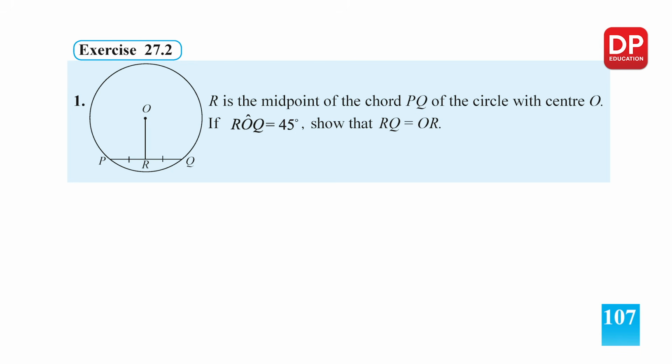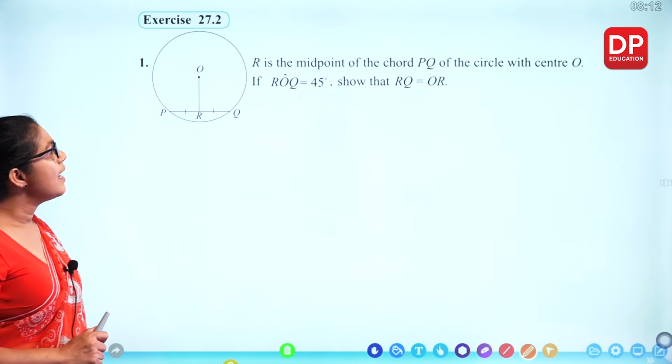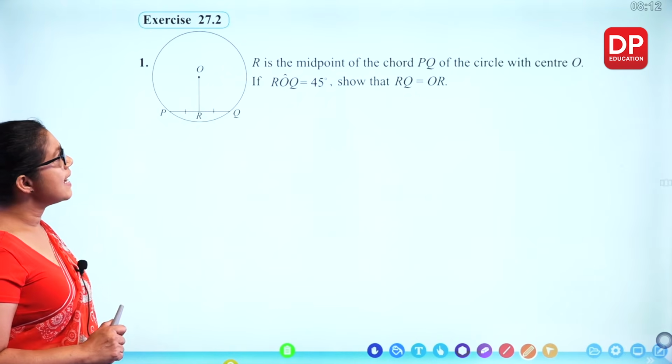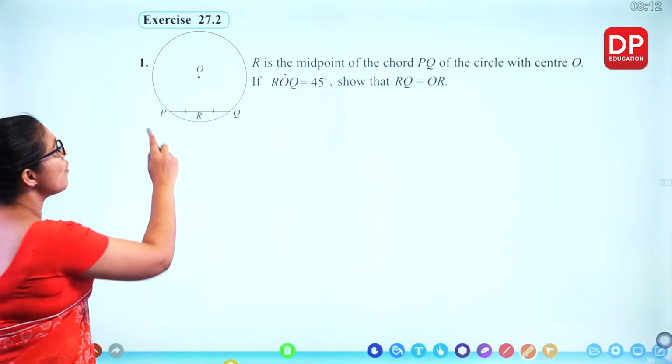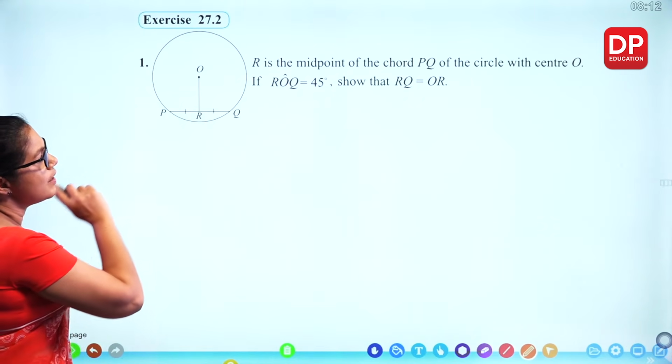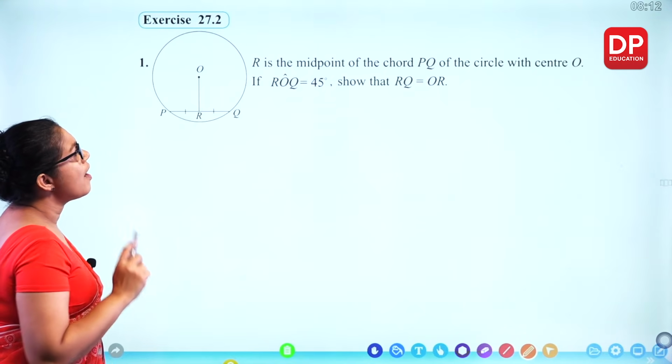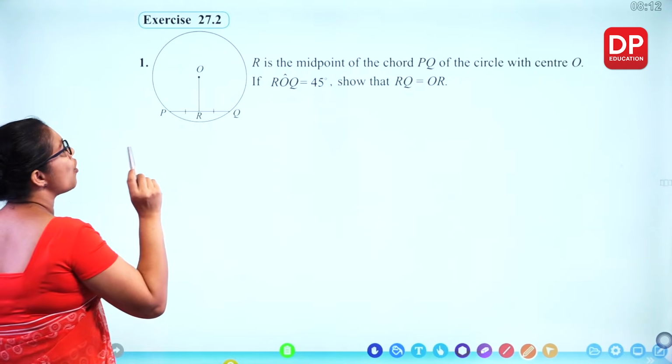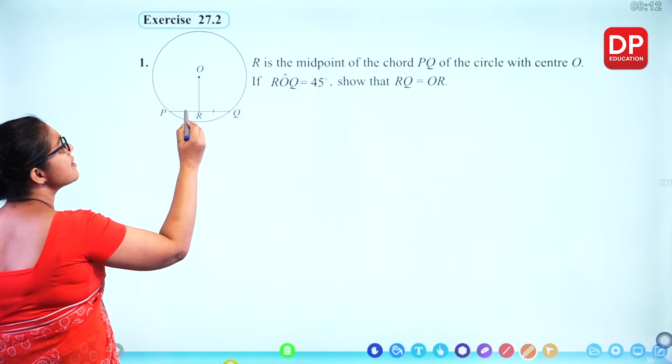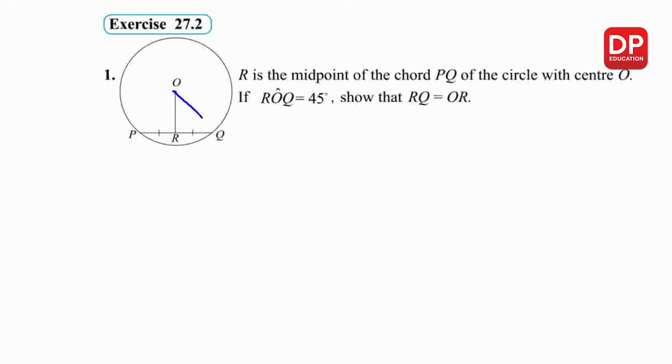Now we'll look at exercise 27.2 in your textbook, and the first question, it says R is the midpoint of PQ chord and O is the center. ROQ is 45. We'll mark this ROQ. So that means this angle is given 45.